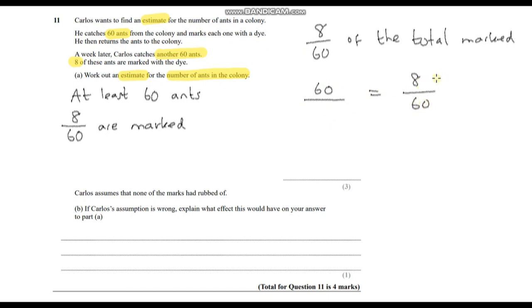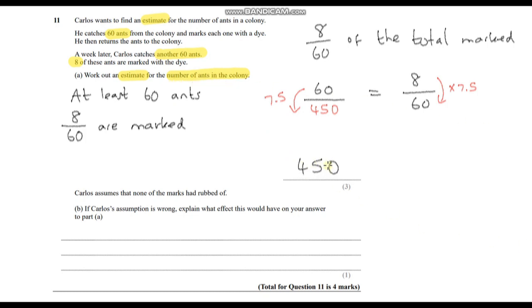To go from 8 to 60, what have we done? Well, let's just do 60 divided by 8. That gives us 7.5 times. So if we just multiply the numerator by 7.5, we get 450. So an estimate for the total number of ants in the colony is 450.